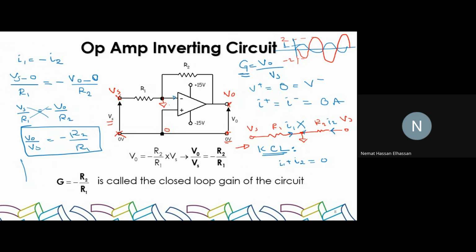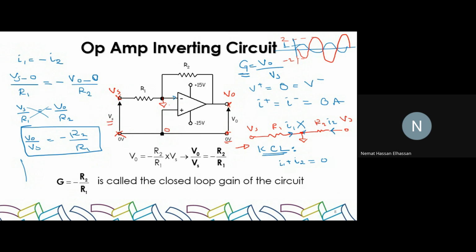Okay, so now if I ask you to design a circuit with a gain of 5, how would you do that? You already have the circuit diagram. This is the circuit that gives a gain. Even though it flips the sign of the signal, it gives it with a gain, right?